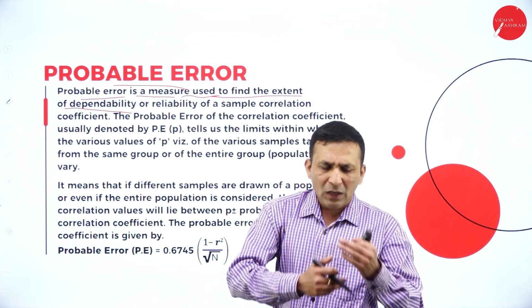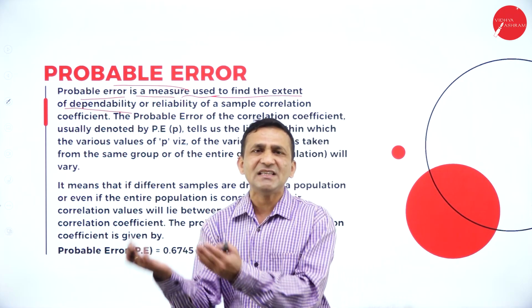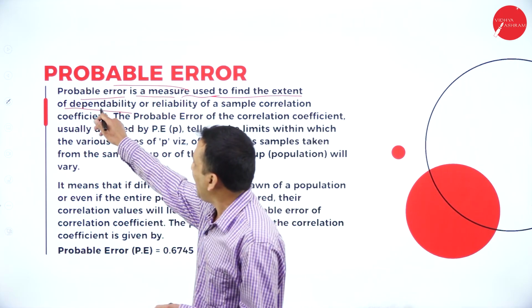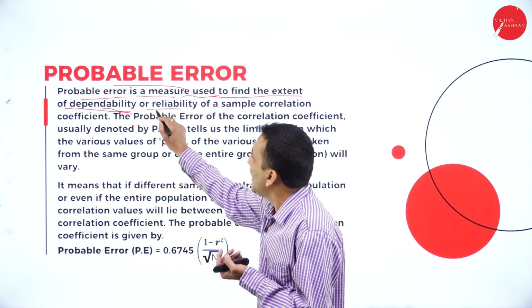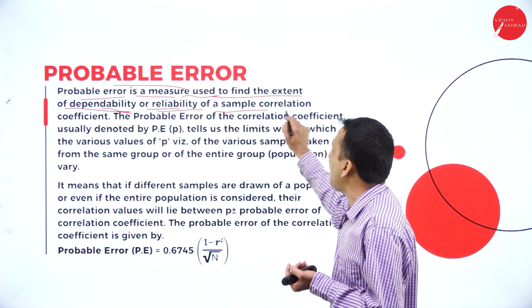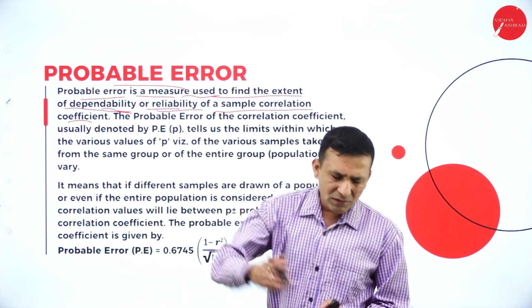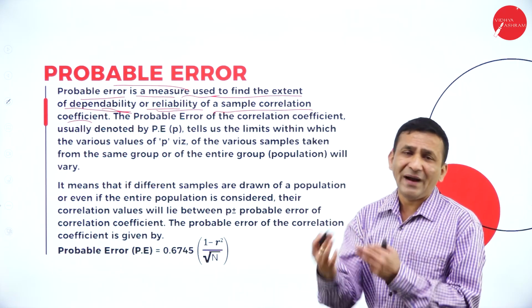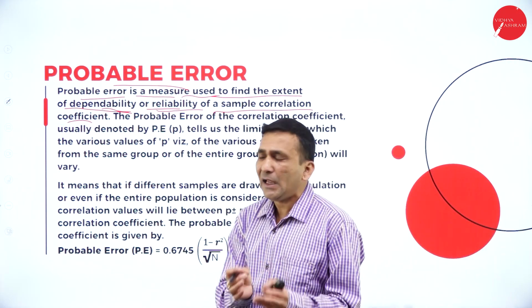What percentage is x dependent on y, or y dependent on x? So we need to find the dependability nature, the dependability or reliability of the sample correlation coefficient. How x is dependent on y and y on x, we need to find the reliability.